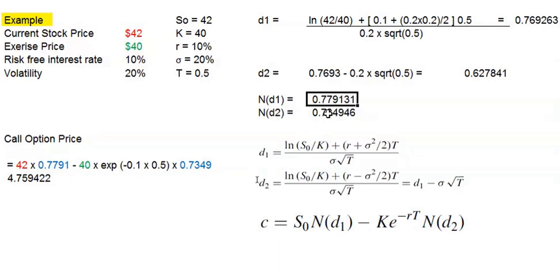So once you have ND1 and ND2, it's a matter of plugging those values into the call option formula here.